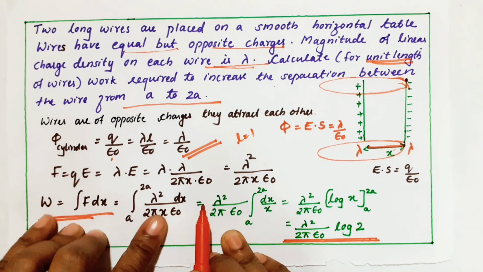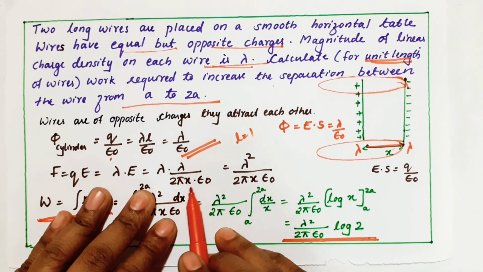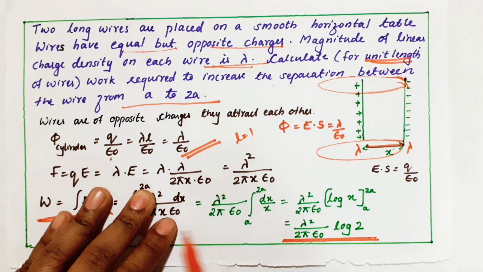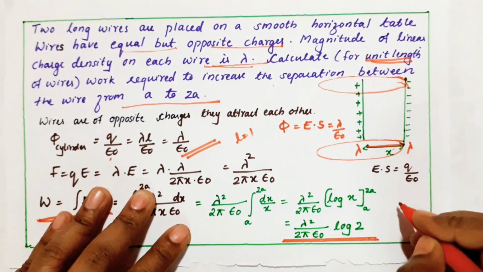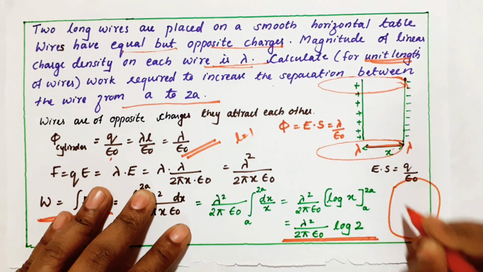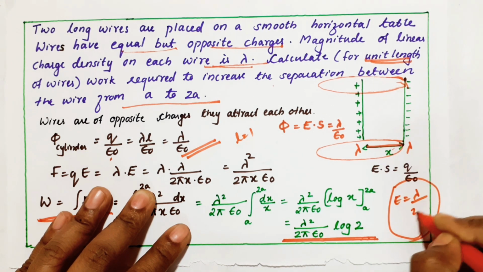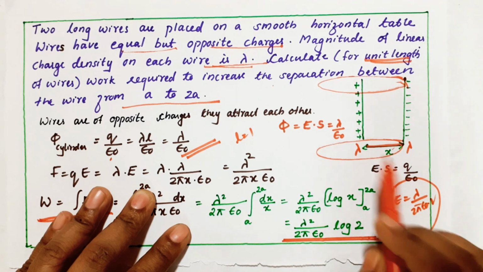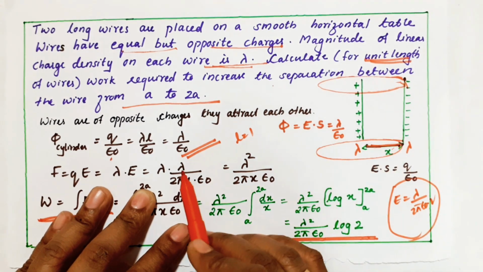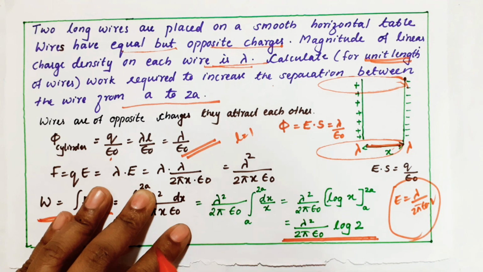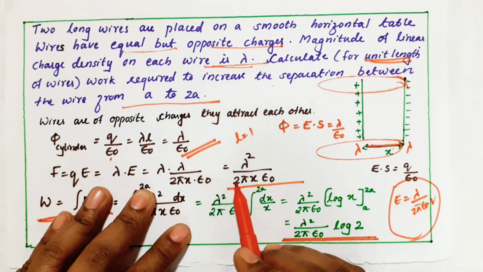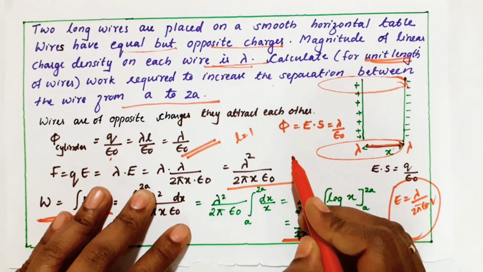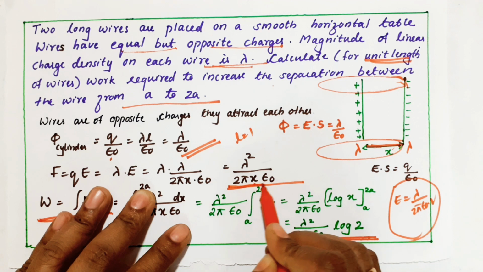We know the standard formula of electric field due to a wire: E is equal to lambda by 2 pi epsilon 0 into R. In this case the distance is x, so E is lambda by 2 pi epsilon 0 x. So we get the second equation, force is lambda square by 2 pi x epsilon naught. So I got the force.